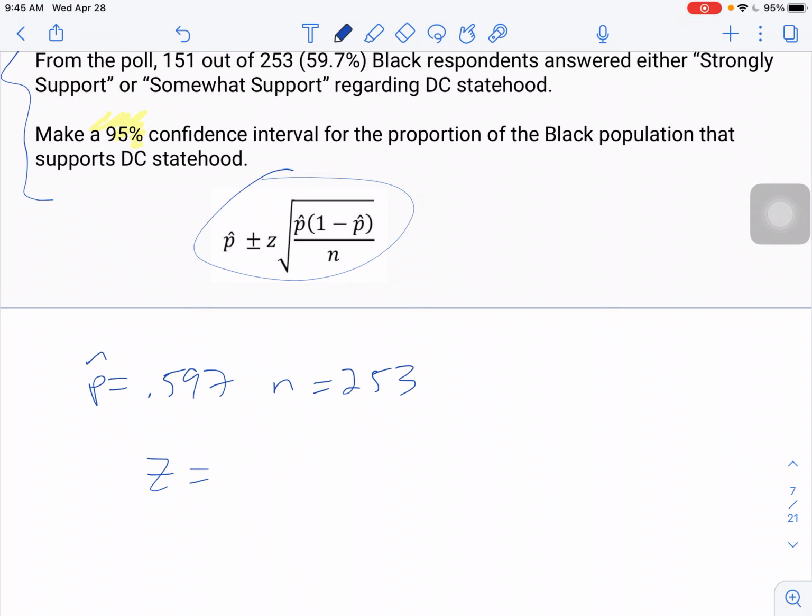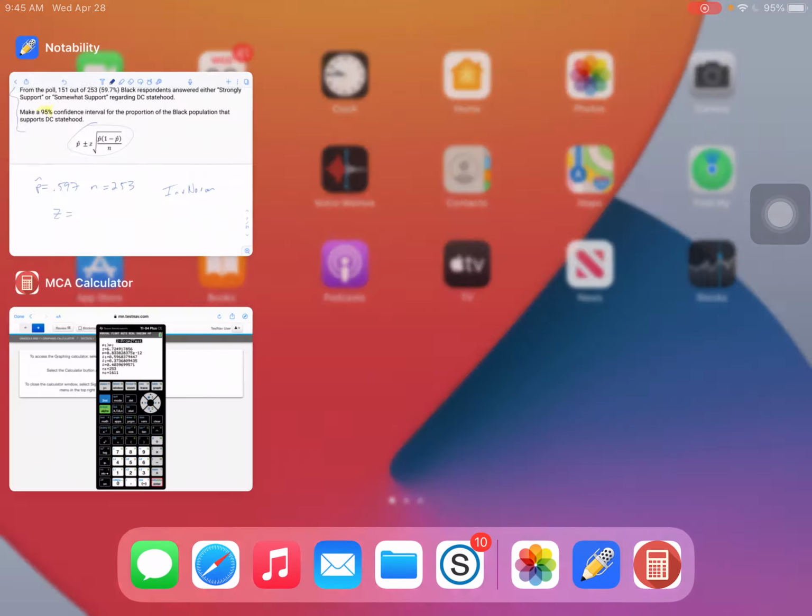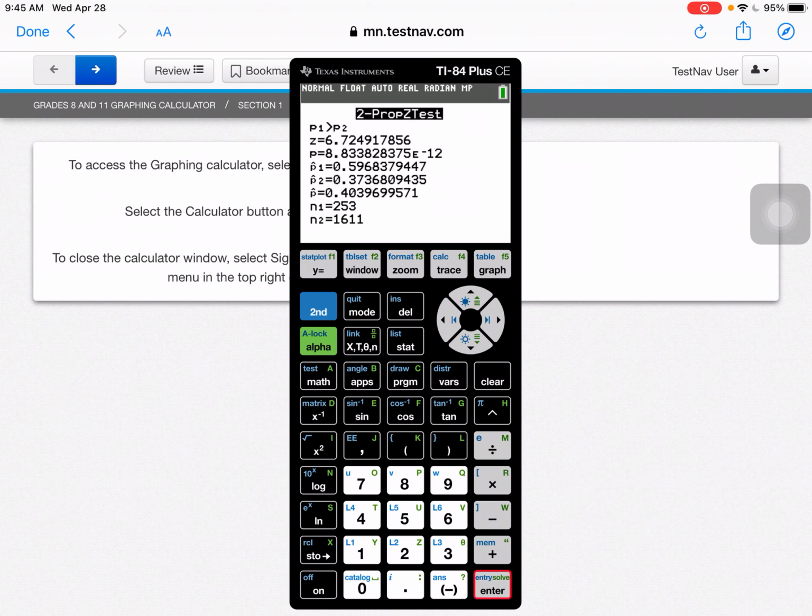So remember that in order to get that number, you go to your calculator, and you're going to use the inverse norm function. And I will show that to you again right now. So inverse norm, remember, is second vars, and then inverse norm. And then it's going to ask you for an area, and then a mean and a standard deviation. So remember, what we put in for area when we're trying to find that critical z-score is the left area.